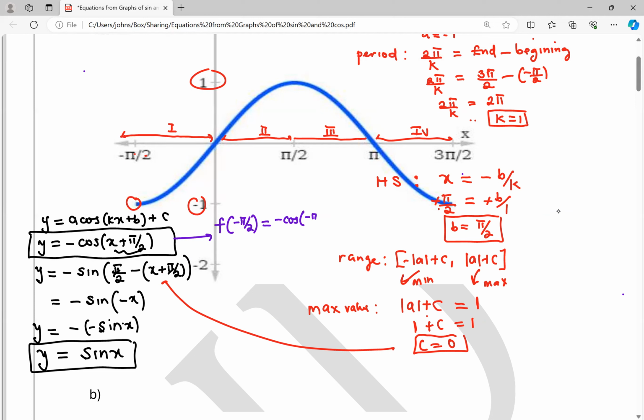Minus pi over 2 plus pi over 2, right? This is just going to be minus cosine of 0, which is minus 1. So it means that f of minus pi over 2, and this is correct, because if you look at f of minus pi over 2, what is the value of y? It is minus 1 here. Okay.